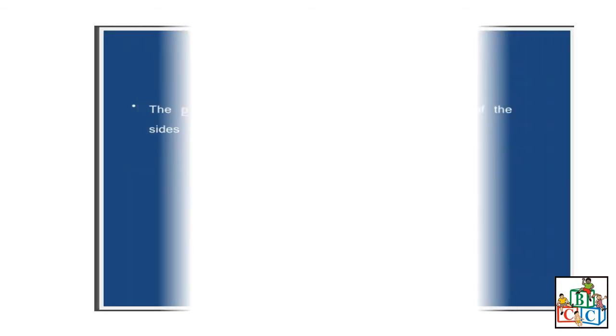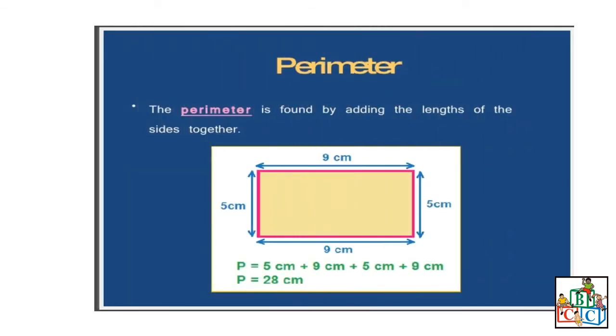Okay, so how are you going to find the perimeter of a rectangle? So as you know, you find out perimeter by adding the length and the width. Now for a rectangle, you have to add the length and the width, times 2. Or you can add, for example, as you can see in the picture, the length is 9 centimeters, the width is 5 centimeters.